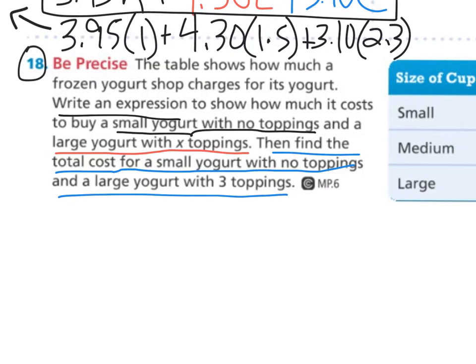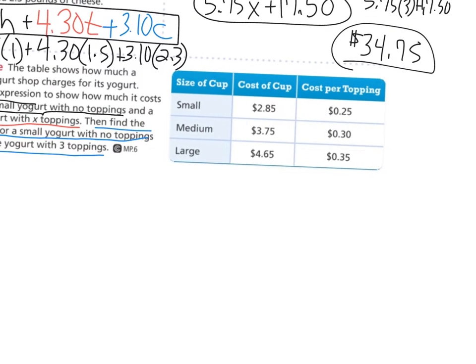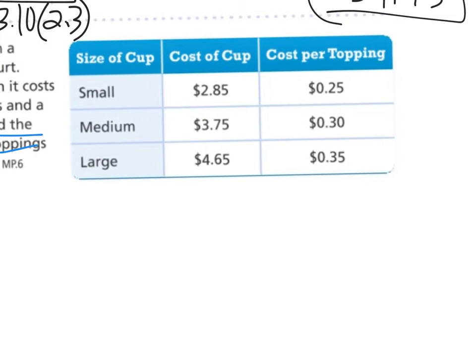So if we look at our table, the small with no toppings would be $2.85. And then we want a large with X toppings.